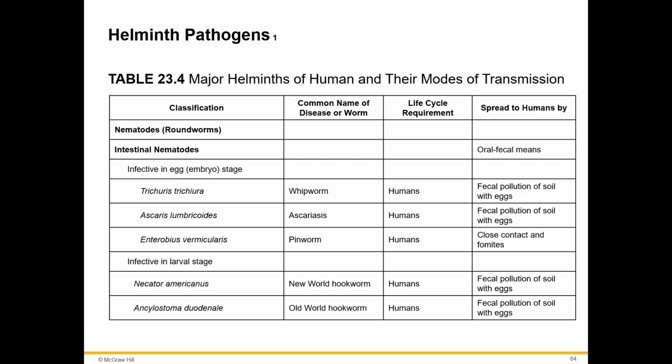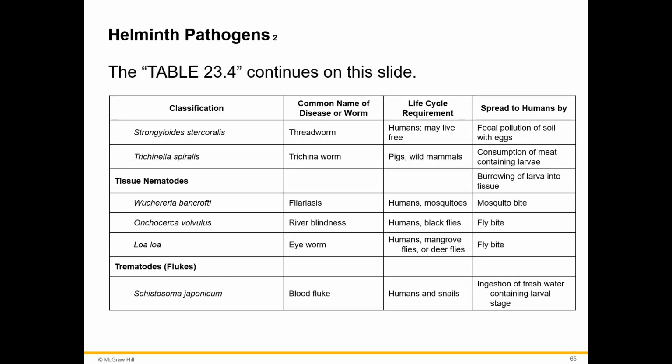We have Ascaris lumbricoides that causes ascariasis. We've got Enterobius vermicularis, the pinworm. We've got Necator americanus, which is the New World hookworm, and then Ancylostoma duodenale, the Old World hookworm. Hookworms aren't specific to just humans in general, but they do require a human life cycle.